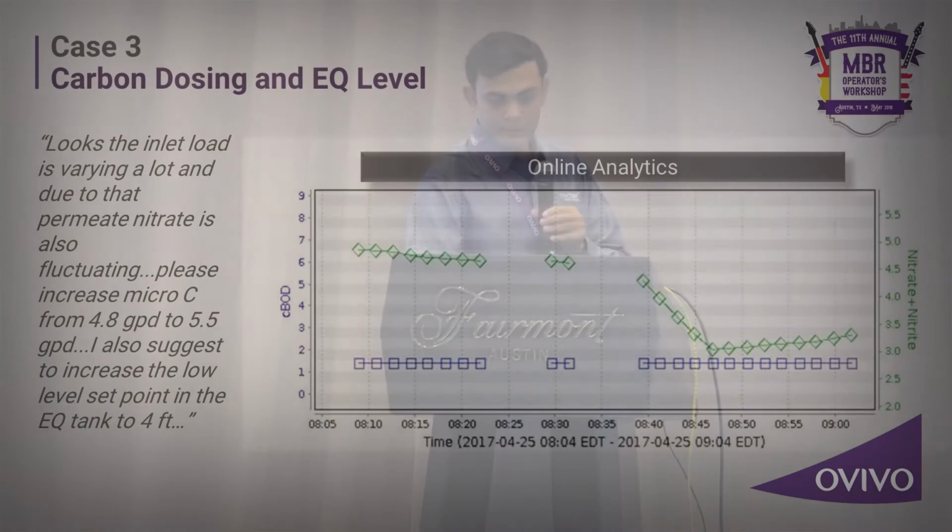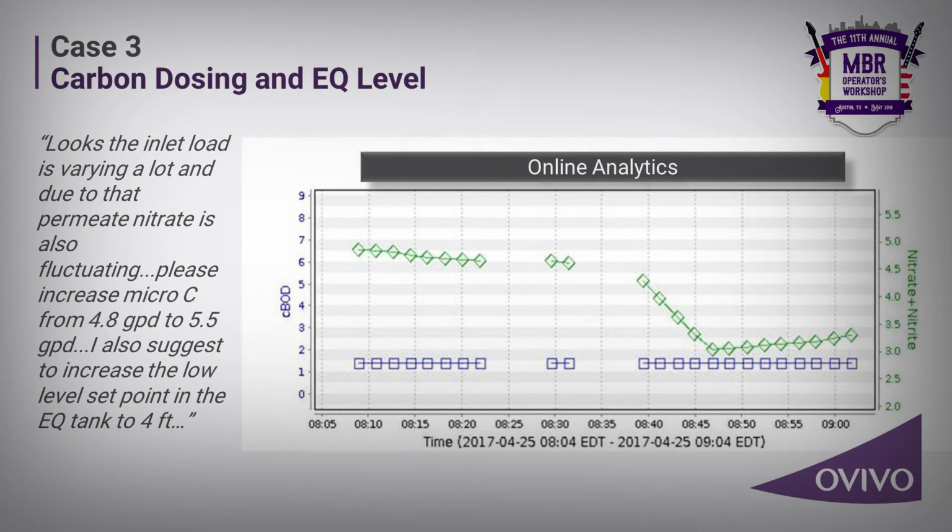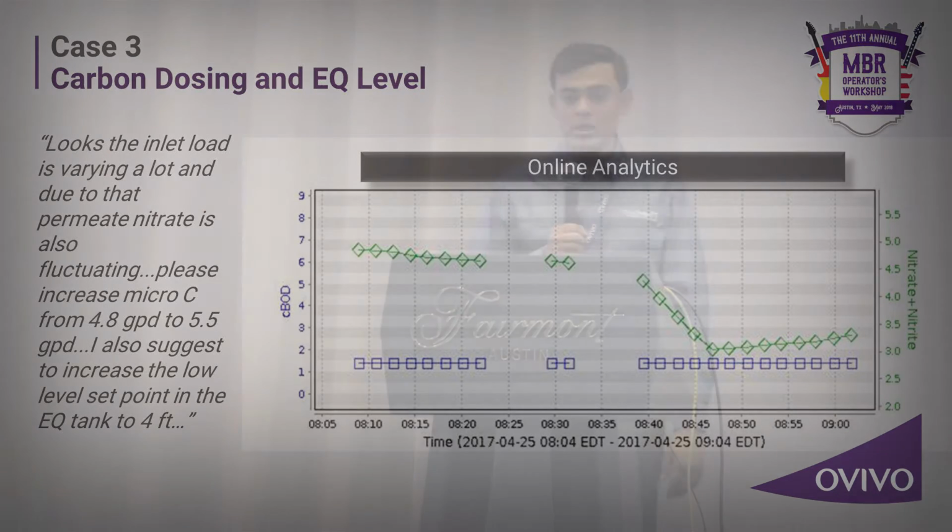So we used an online platform to help the customer and a plant like this meet very tight TN needs, using multiple platforms to stabilize the system. This chart shows the permeate quality in terms of TN numbers. You can see at the beginning, we used to struggle with the TN.